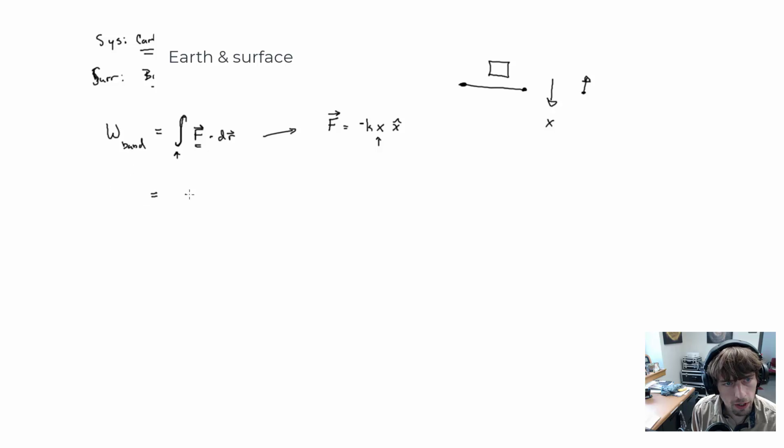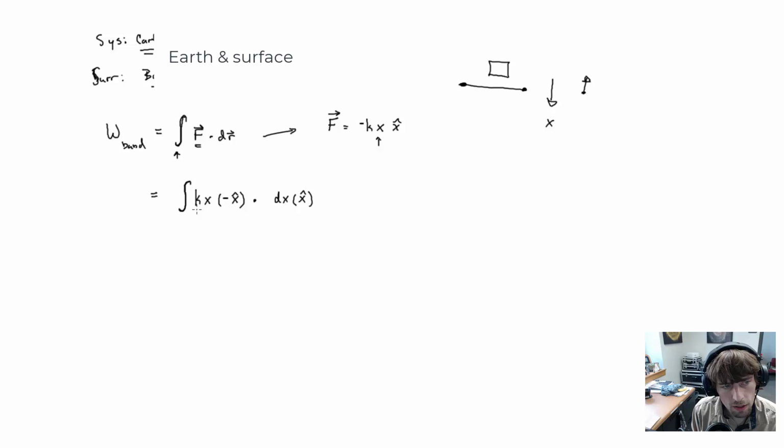So the force is in the negative x direction, with magnitude k times the stretch length. I'll dot this into the displacement, which is in the positive x direction. I'll write that as dx, infinitesimal displacement in the x direction, and then we'll have to take an integral.